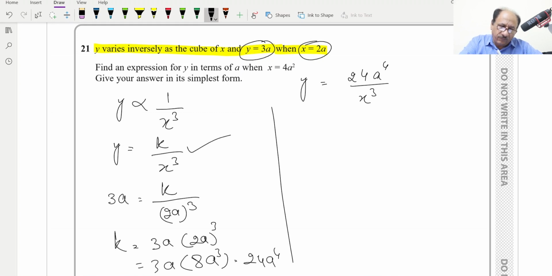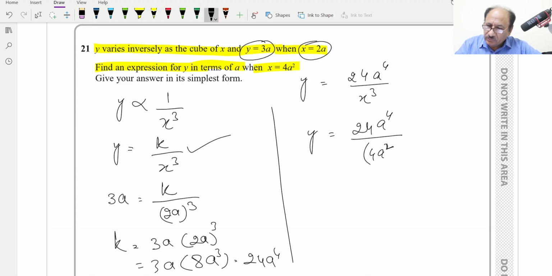Now they are saying find an expression for y in terms of a when x is equal to 4a squared. So y we have to find, when x is equal to 4a squared, so (4a squared) whole raised to the power 3. This will be equal to 24a to the power 4 over 4 cubed, which is 64, a raised to the power 6.